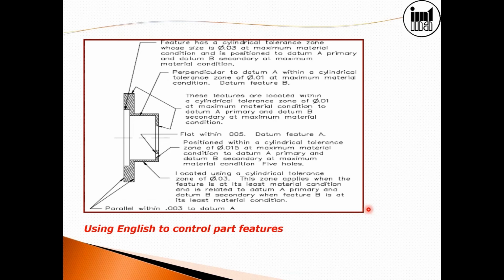This face should be parallel, this should be perpendicular, this should be flat. All these things we could write in English, but internationally this is not acceptable. One of the key requirements of the drawing is that it should have minimal local languages. Any drawing should be free from language except for a few things, right?